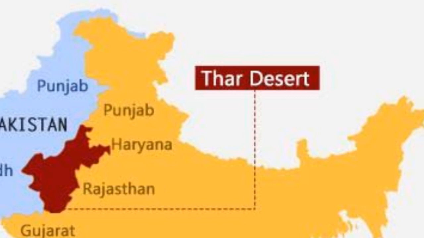On the map of India, with the red color, you can see the Thar Desert. This desert lies in the northwestern part of India. It is a dry sandy area which receives very little rainfall. It is spread over the state of Rajasthan.